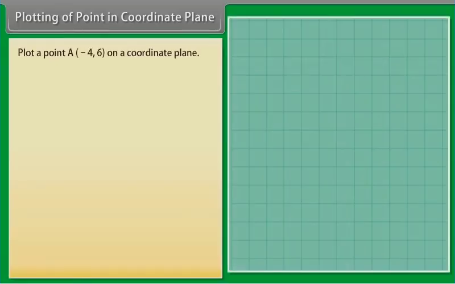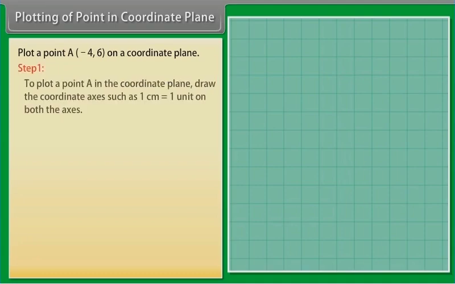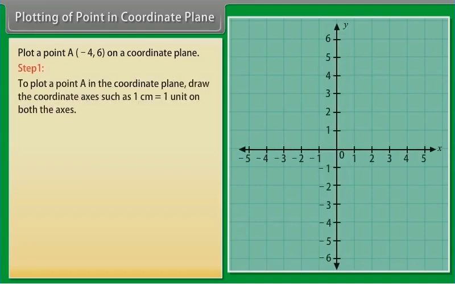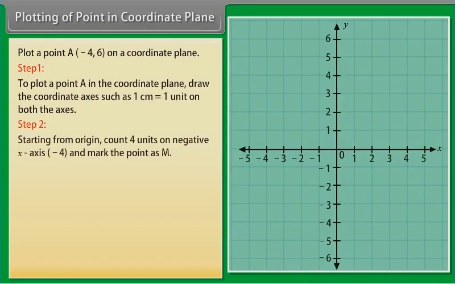Plotting of point in coordinate plane. Let us now learn to plot a point in the coordinate plane. Let us plot a point A(-4, 6) on a coordinate plane. Step 1. To plot a point A in the coordinate plane, draw the coordinate axes such that 1 centimeter is 1 unit on both the axes. Step 2. Starting from origin, count 4 units on the negative x-axis, that is, -4, and mark the point as M. Step 3.